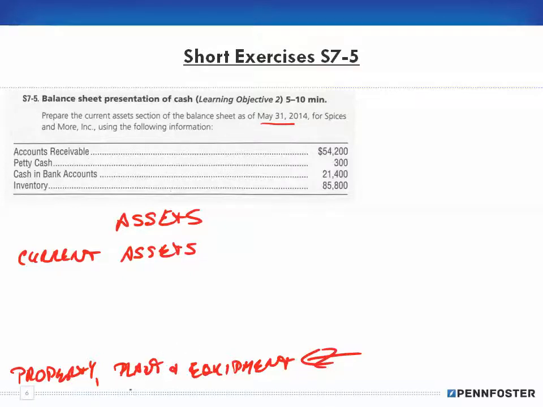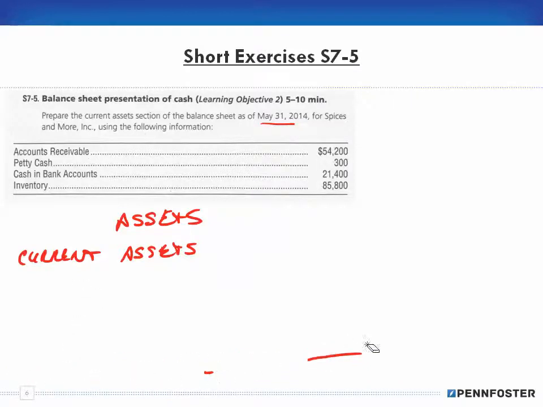And then after the property, plant, and equipment, you'll have things like land, which is really long-term. Okay, notice that's like the last account, because generally, you'll have a mortgage for 30 years on your land or whatever have you. All right, so just thought I'd throw that in. But even though you're calling this current assets, remember, you're not going to have a long-term assets section. Generally, it will be called property, plant, and equipment.